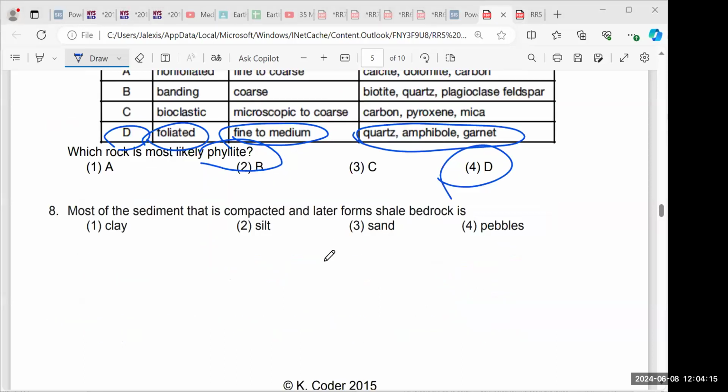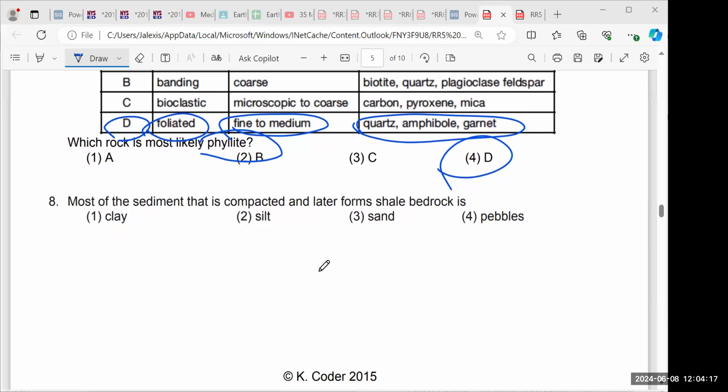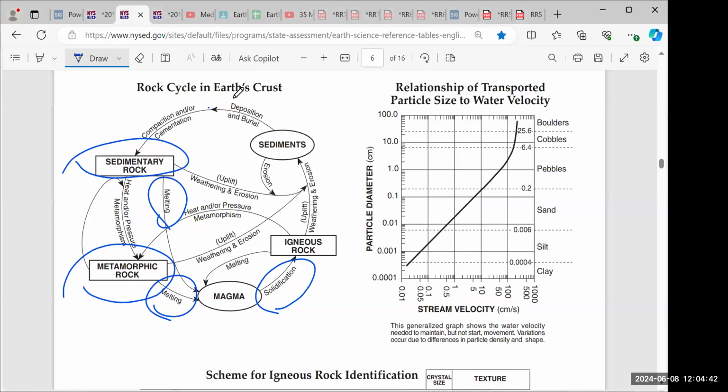All right, number 8. Number 8 says most of the sediment that is compacted and later forms shale bedrock is blank. So when I'm looking at the rock shale, I need to see what most of the sediment that is compacted in shale is. So I'm going to go to page 7 of the reference tables.